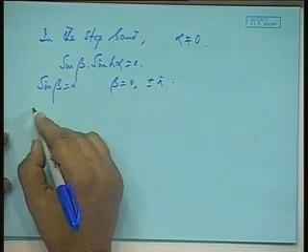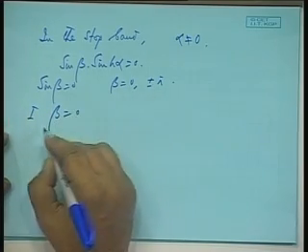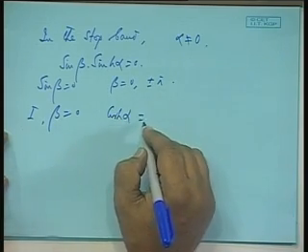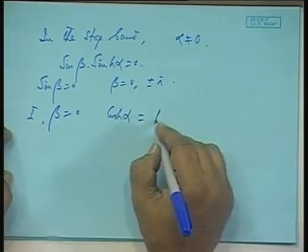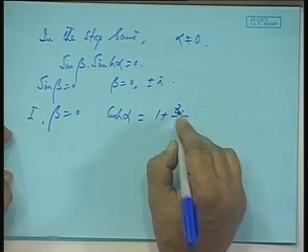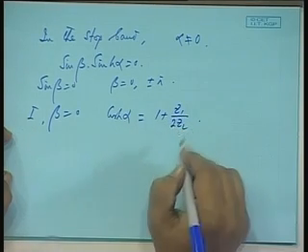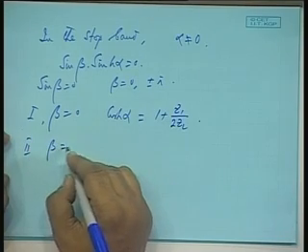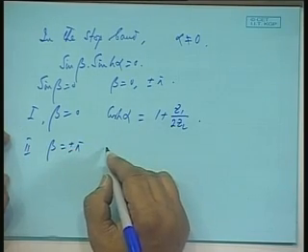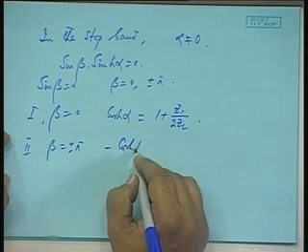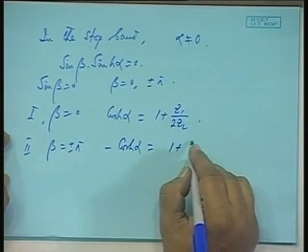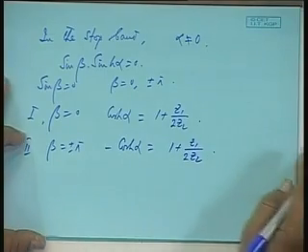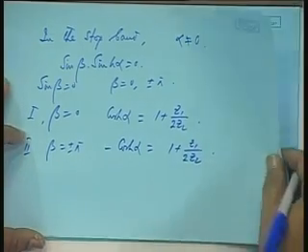If beta is 0, then cos hyperbolic alpha, that is cosh alpha, is 1 plus Z1 by twice Z2, and if beta equal to plus minus pi, then minus cosh alpha equal to 1 plus Z1 by twice Z2. This we saw last time.